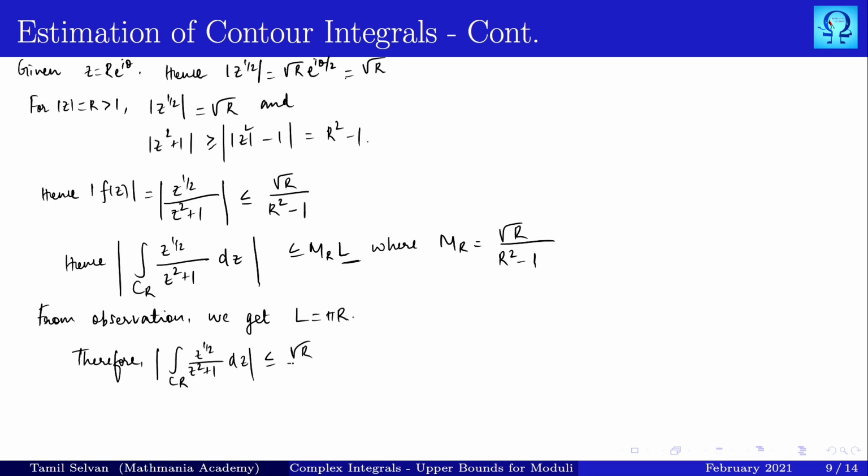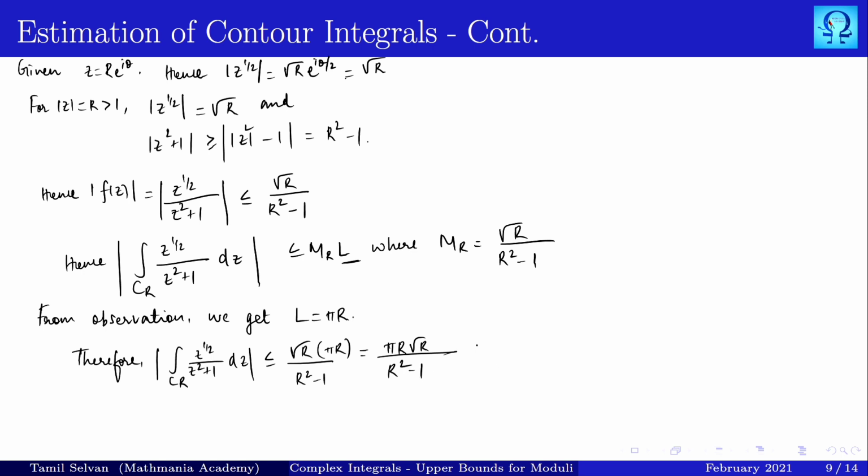This, under root r upon r squared minus 1, multiplied with pi r. So this now becomes pi r under root r upon r squared minus 1.